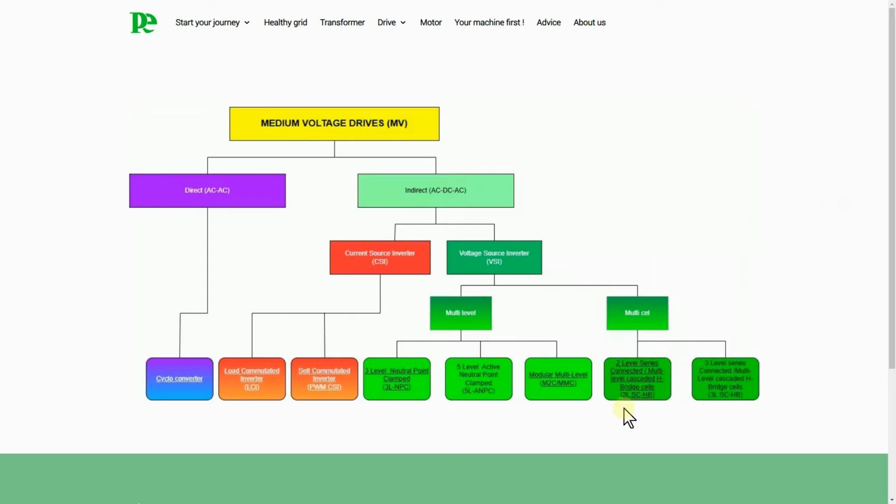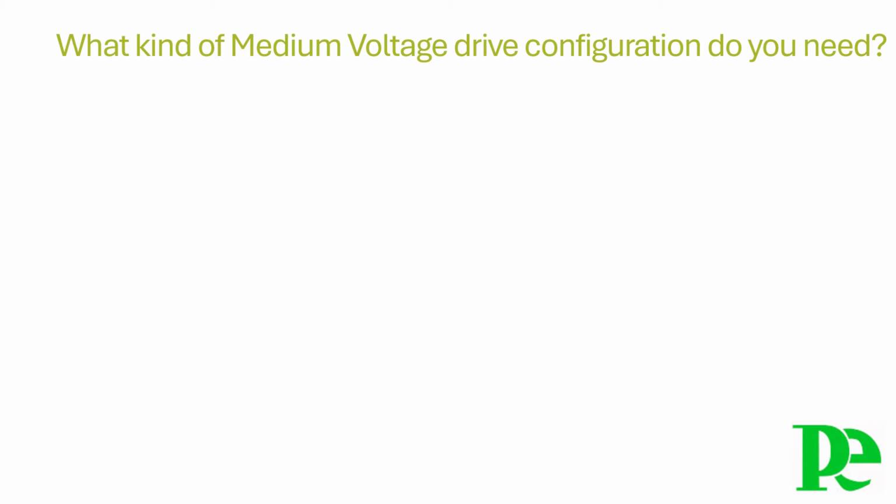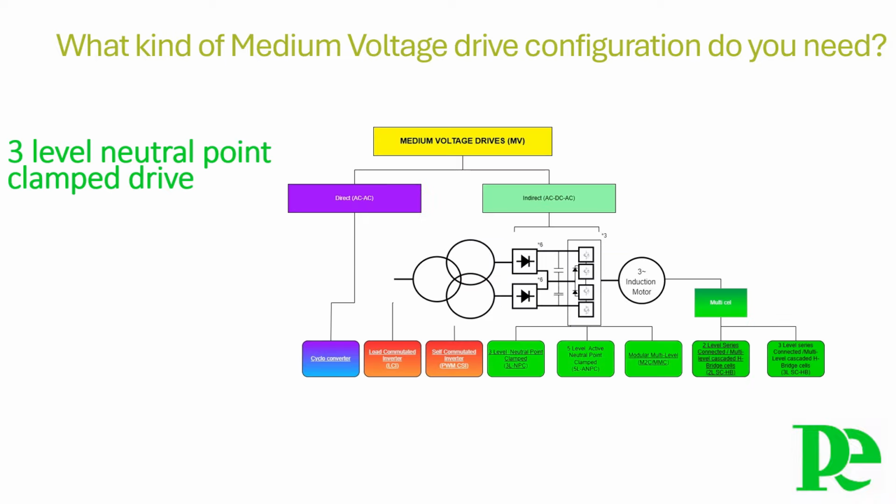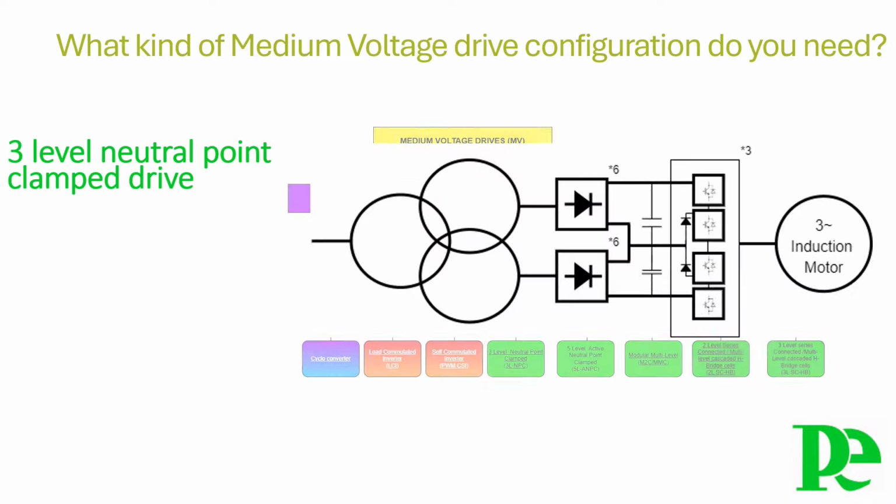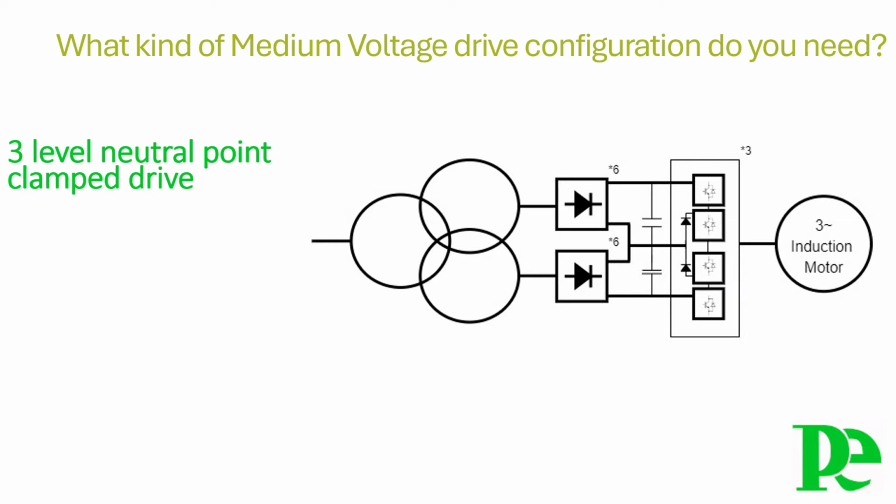In the topology of the multi-level voltage source inverters, we will start with the 3-level neutral point clamped drive. This voltage source inverter uses capacitors in the intermediate circuit between the rectifier and the inverter to create a decoupling and to function as an energy buffer.